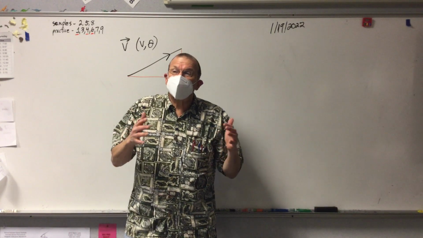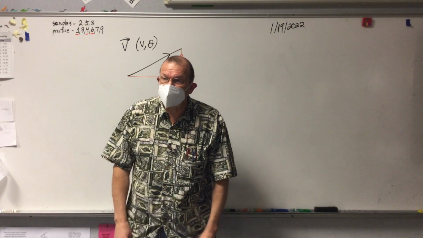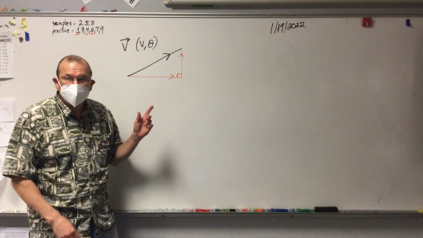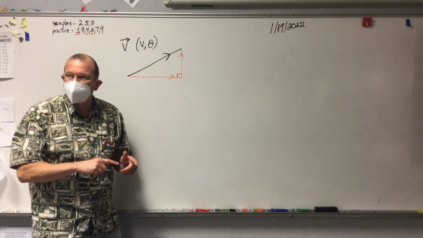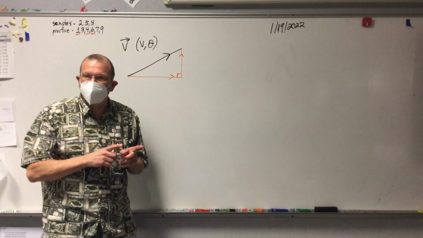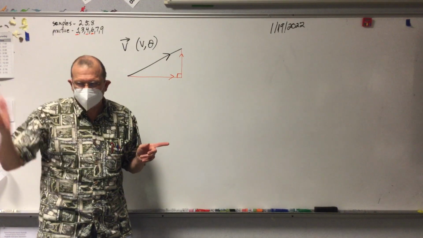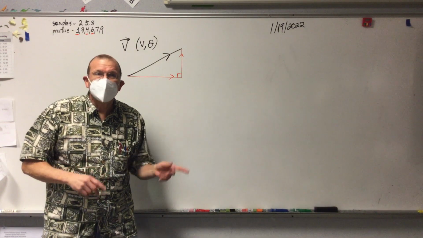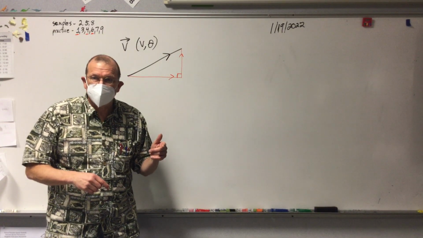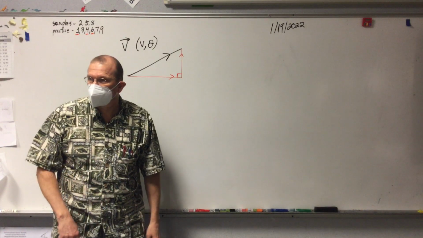But if you want to do math in 3 dimensions, you have to take that, I'm just going in any angle I want, and break it into just the x dimension, just the y dimension, and just the z dimension.